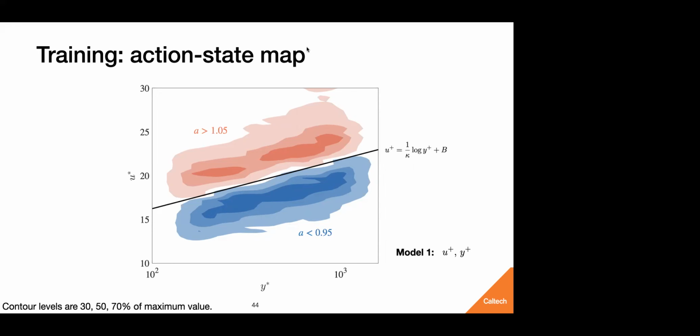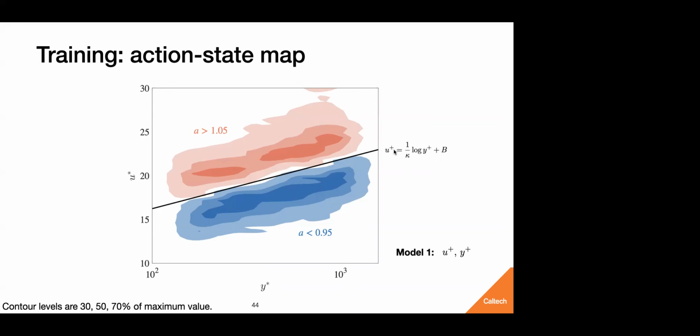As you can see here, the model can distinguish regions where you should increase or decrease the wall shear stress very well. In particular, the line that divides these two regions is the log law, the law of the wall. So somehow the model has learned that the distinguishing feature of whether you should increase or decrease your wall shear stress on average is this law of the wall.